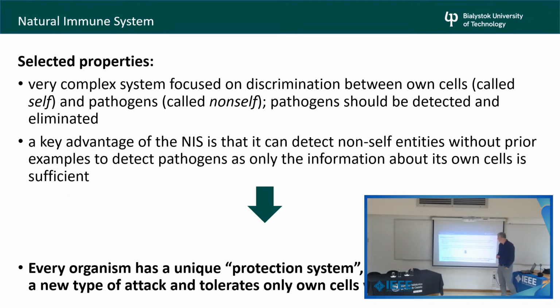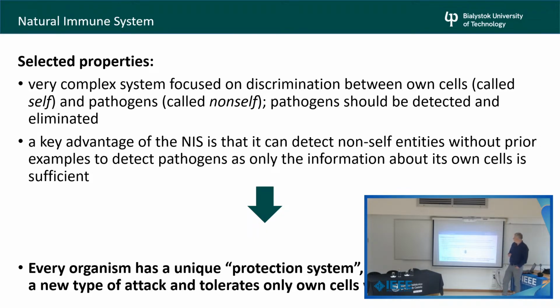As I already said, the immune system is a very complex system. It is focused on discrimination between our own cells and others. In the artificial immune system, we say that our cells are named self cells and the pathogens are called non-self cells. Of course, these pathogens should be detected and eliminated from our body.